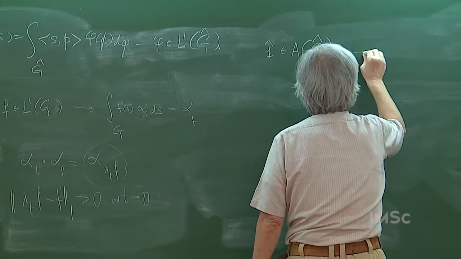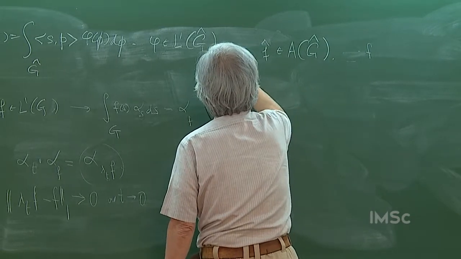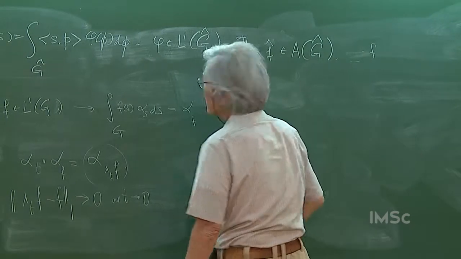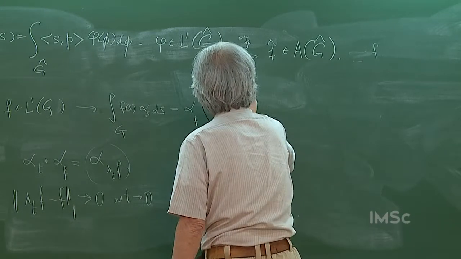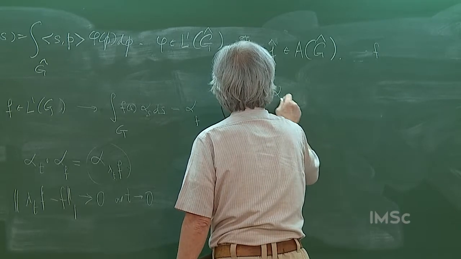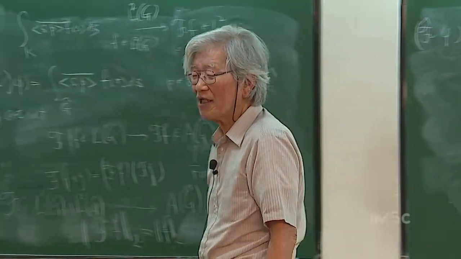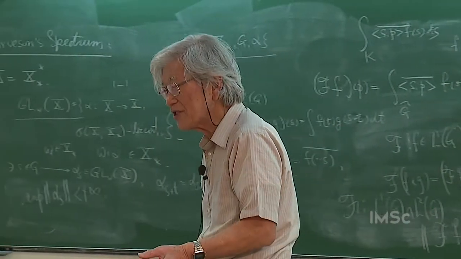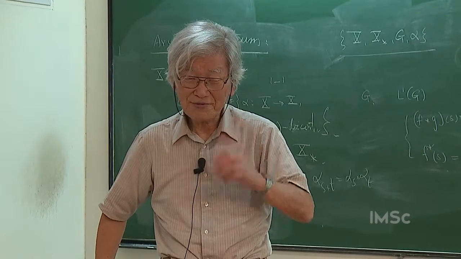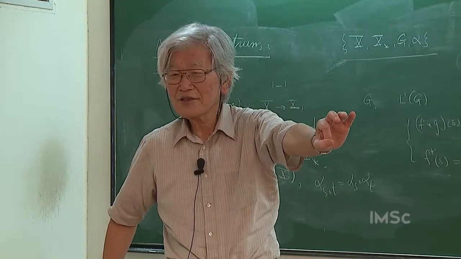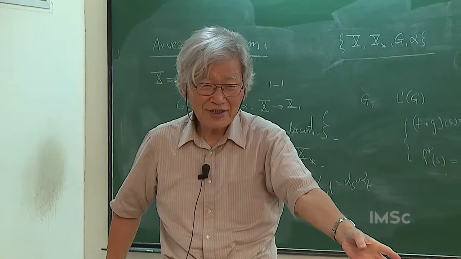Then you have f, coming from L1 through the Fourier transform, and I write alpha of f hat as alpha of f. It is not an integration of f hat, so you want to find the origin of f hat as an L1 function, then integrate.